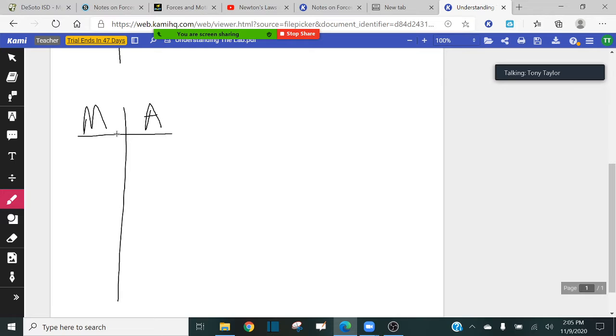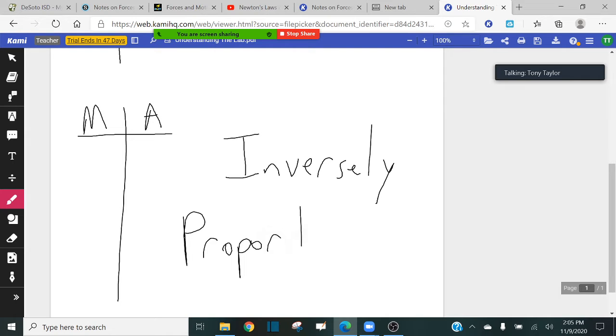Okay, physicists say that whenever two variables are related to each other in such a way that as one increases, the other decreases, we say that those two variables are inversely proportional. I'm going to write that term down because I'm going to say that a lot throughout this year. Everybody got that?